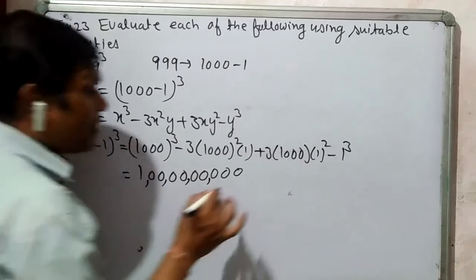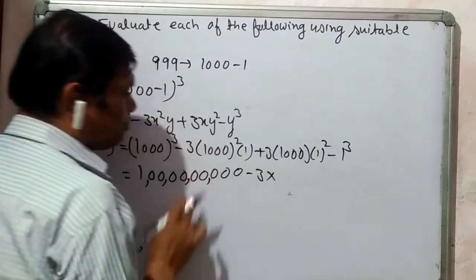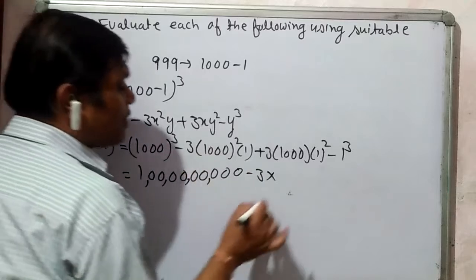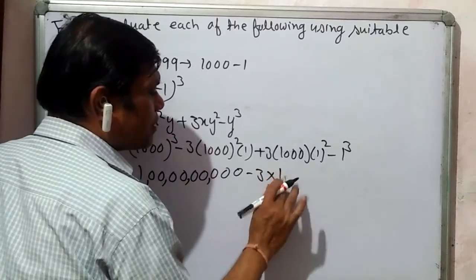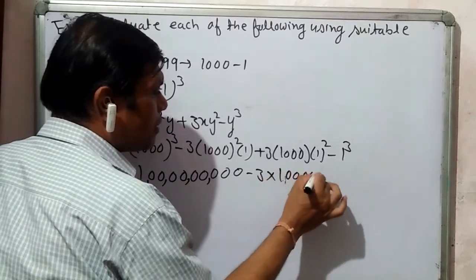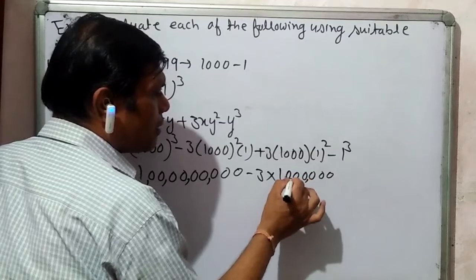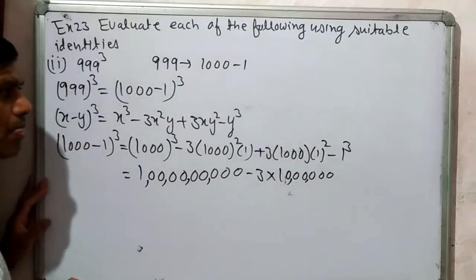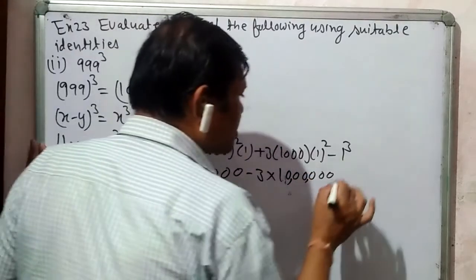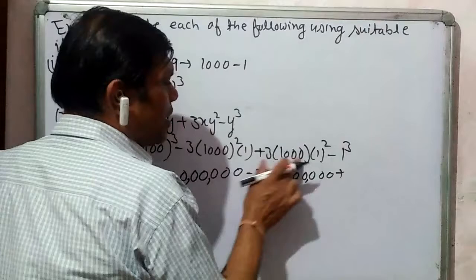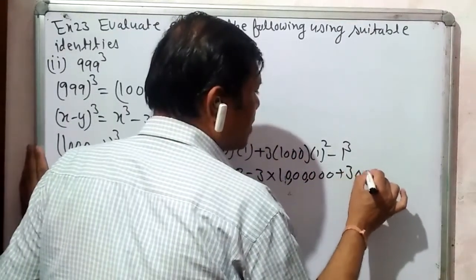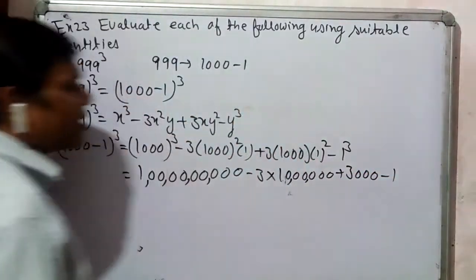Next, 3 into square of 1000, 6 zeros, into 1 will remain as such, plus 3 into 1000 is 3000 minus cube of 1 is 1.